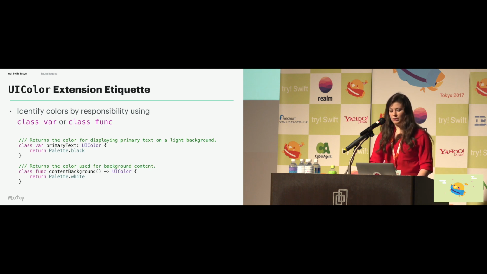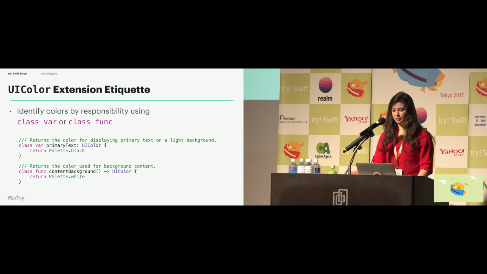Now, Swift 3 introduced the ability to define class computed properties from within extensions. Since defining a color does not typically involve arguments to dictate the color's appearance, class computed properties are a natural choice. This is the approach recommended by the UIColor API reference when creating color objects with a predefined hue.